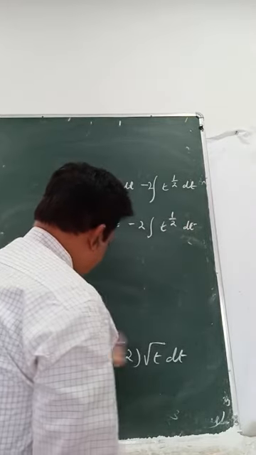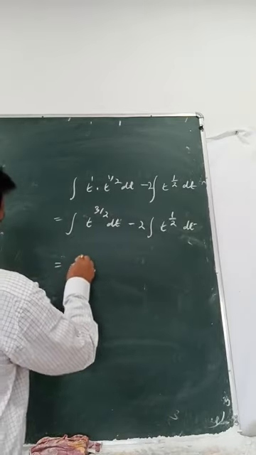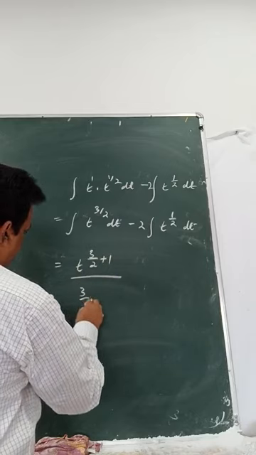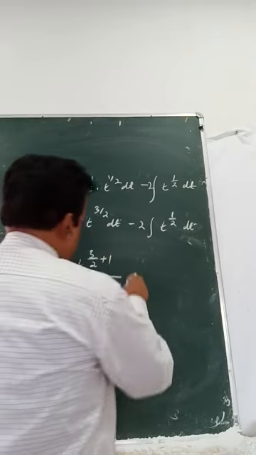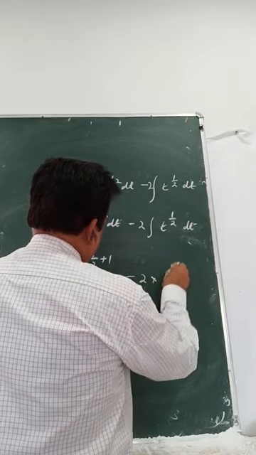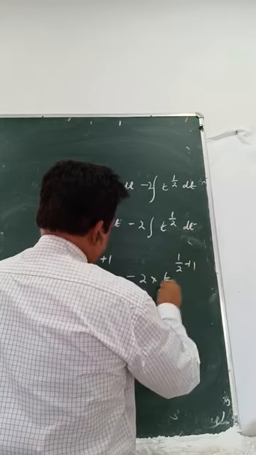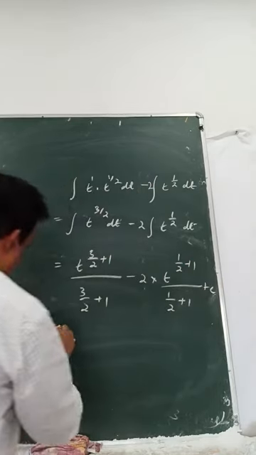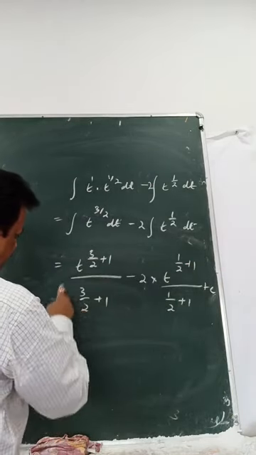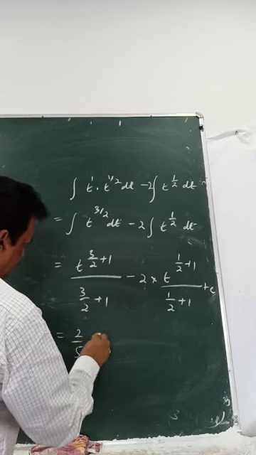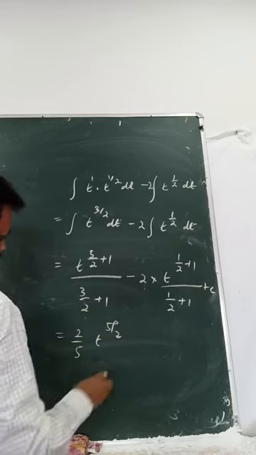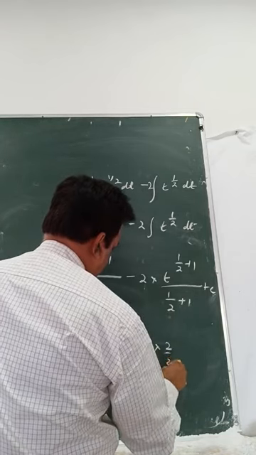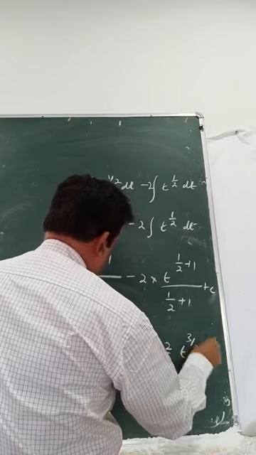So what shall I get? That will be t to the power 3 by 2 plus 1, similarly t to the power 1 by 2 plus 1, plus a constant. So it becomes 5 by 2, so it will be 2 by 5, t to the power 5 by 2. This is 3 by 2, so 2 by 3, t to the power 3 by 2.